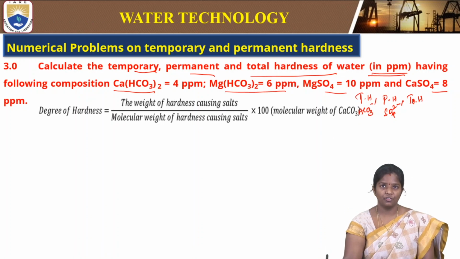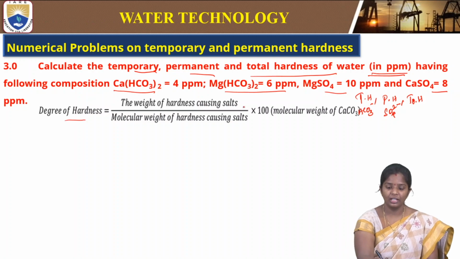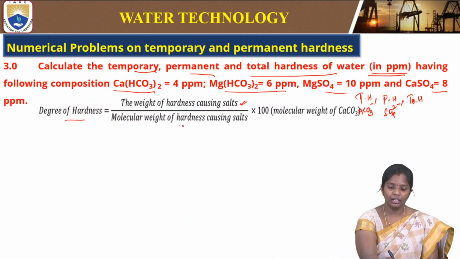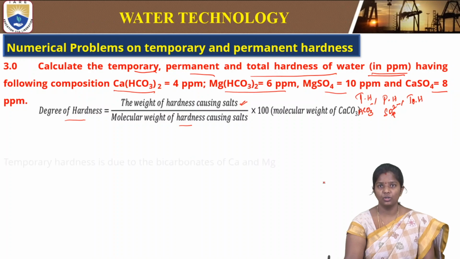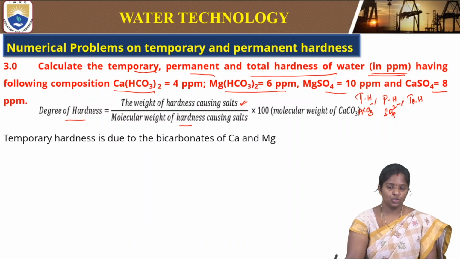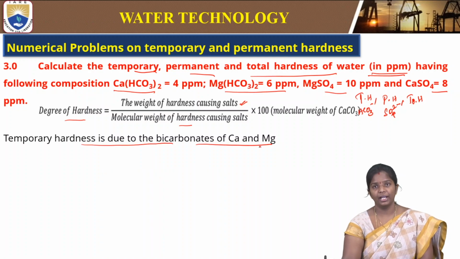So now we take this formula again. Degree of hardness is equal to the weight of the hardness causing salt, which is the concentration given, multiplied by 100 and divided by the molecular weight of the hardness causing salt, where 100 is the molecular weight of calcium carbonate. So the temporary hardness is due to bicarbonates of calcium and magnesium.